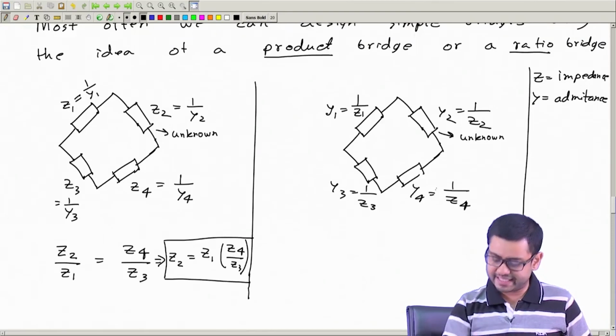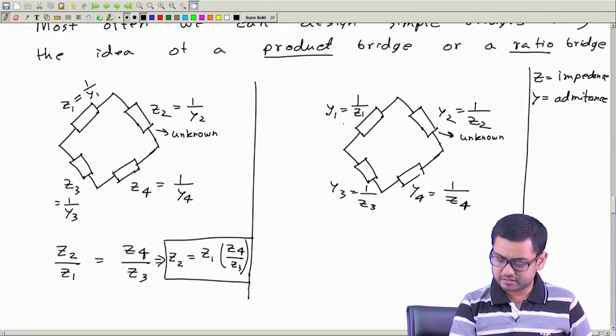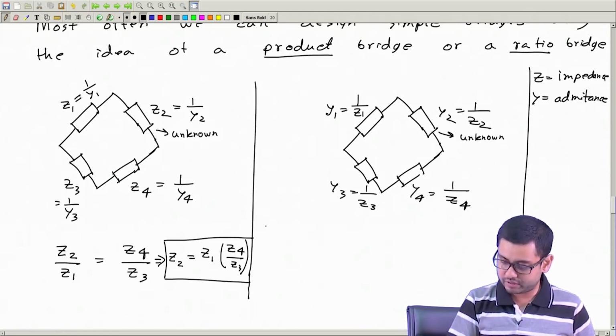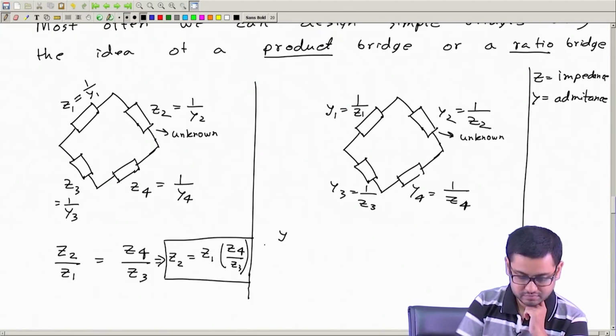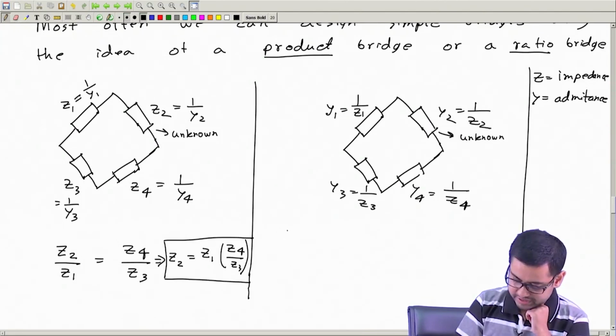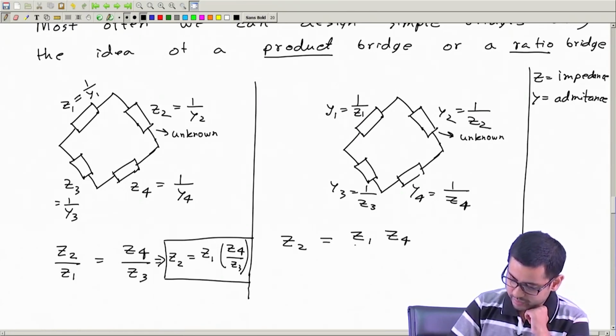Now, on this side we can again write the balance equation in terms of admittance instead of impedance. Let us write it first this way. Z2 will once again be same as Z1 Z4 by Z3.